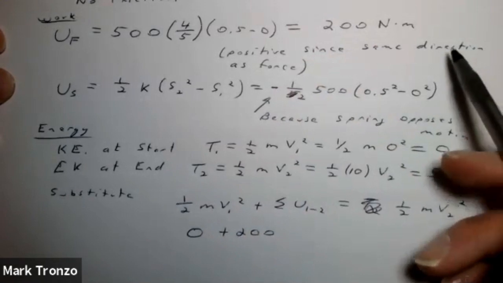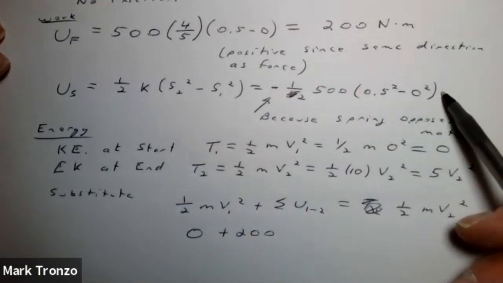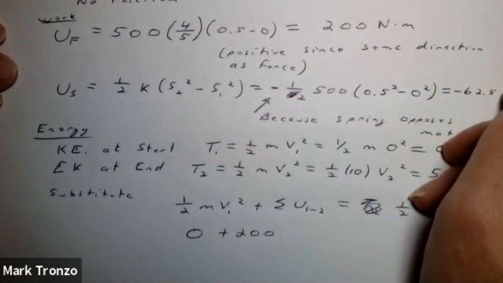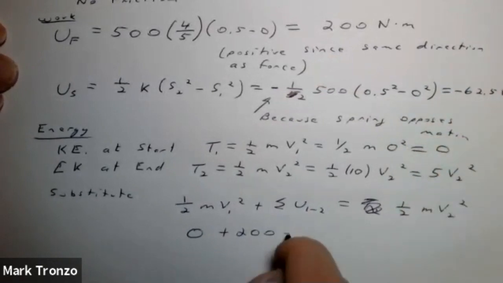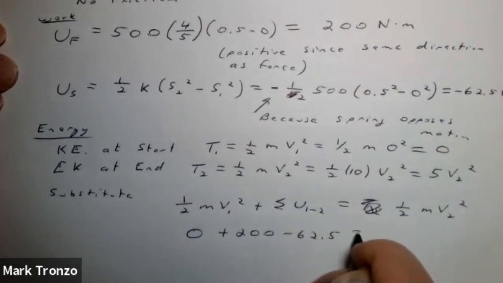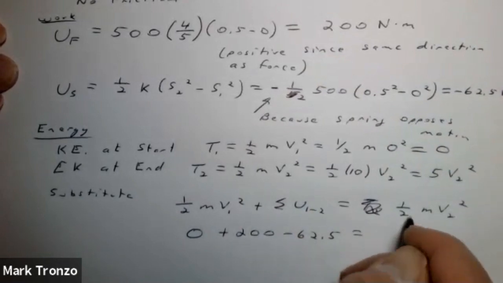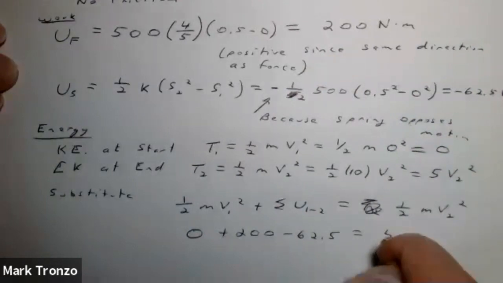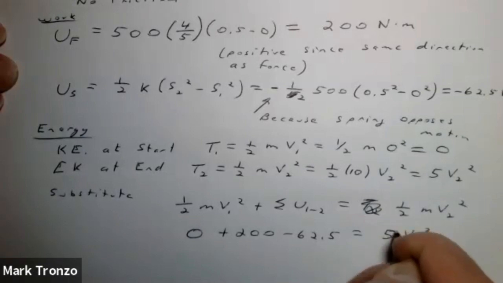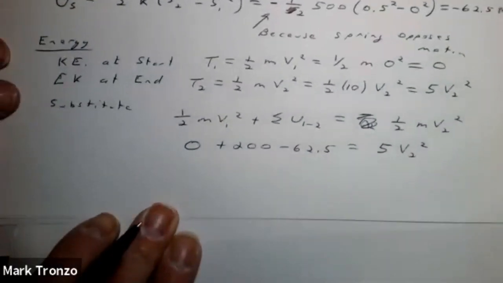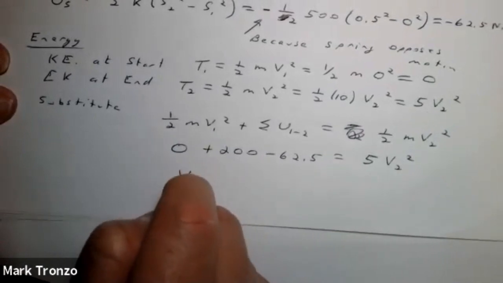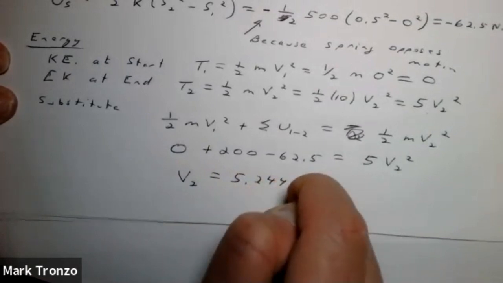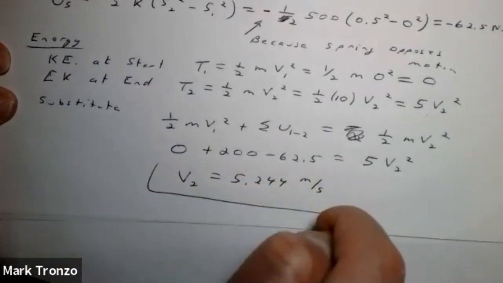By the way, when we multiply out this spring work, I got minus 62.5. So 200 minus 62.5 equals 5 v2 squared. And then v2, when you put it in your calculator, is around 5.244 meters per second.